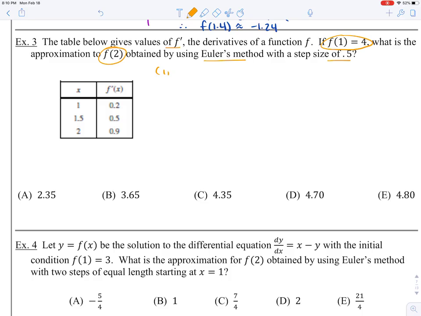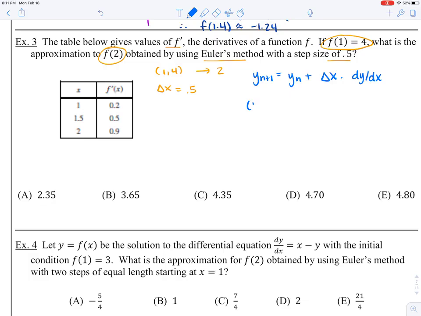So we're starting at 1.4. We've been given delta x is 0.5, and we want to end up at 2, okay? So let's write our formula, just good habit. y sub n plus 1 is equal to y sub n plus delta x times dy dx, okay?